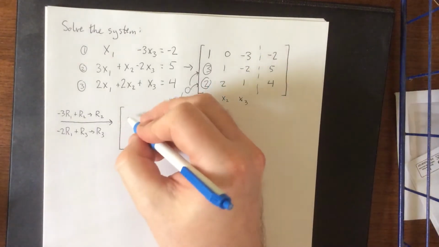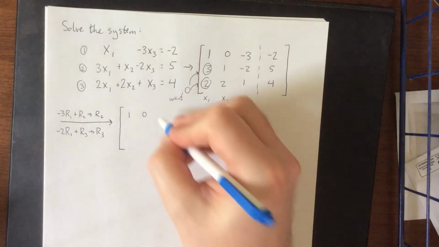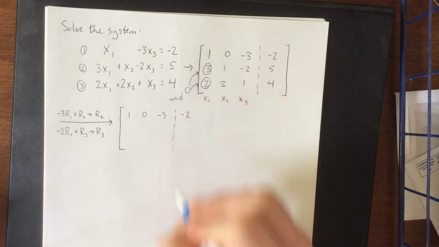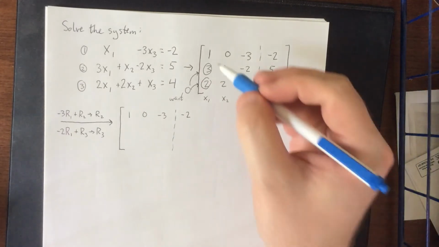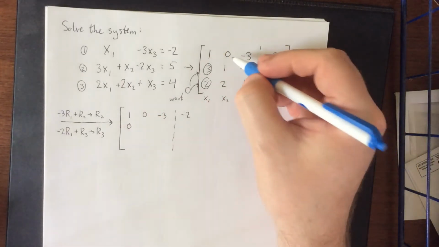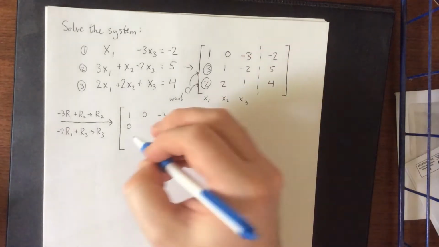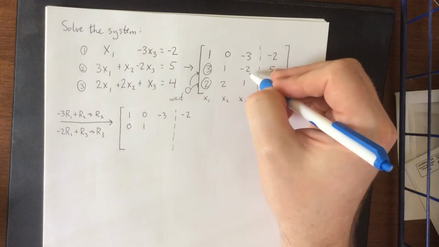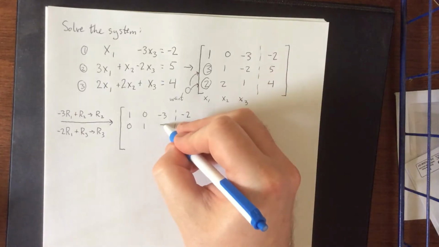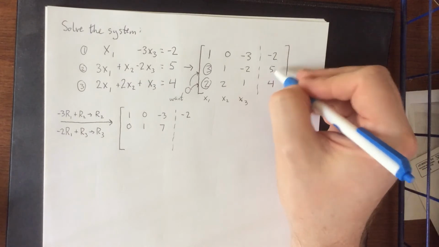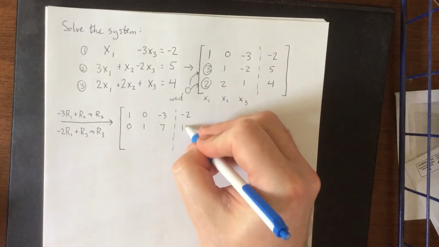Those two operations should give us the zeros that we desire. So overall, first row remains the same: 1, 0, negative 3, augmented by negative 2. Then we'll take negative 3 times 1, add to 3, we'll get 0. Negative 3 times 0, add to 1, we'll get 1. Negative 3 times negative 3, add to negative 2, we'll get positive 7. And finally, negative 3 times negative 2, that's 6, plus 5 is 11.